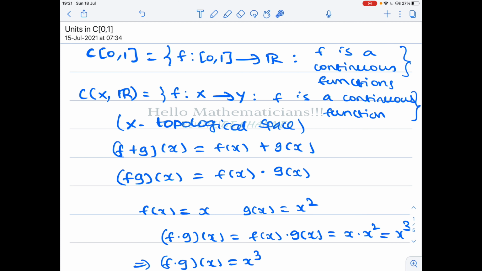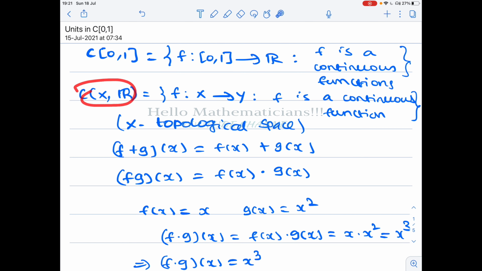If you don't know what a topological space is, assume X is a metric space. Then C(X, R) is the set of all functions f from X to R such that f is continuous. If you take X to be [0,1], you get C[0,1].